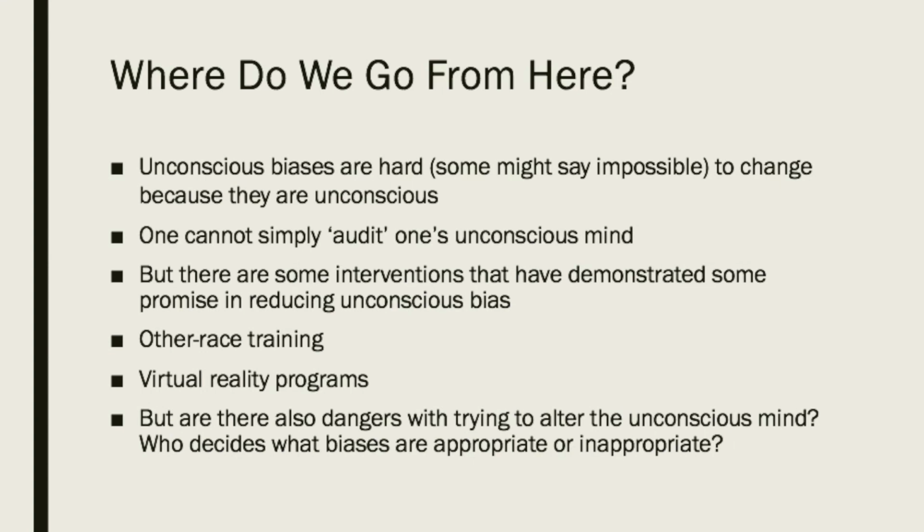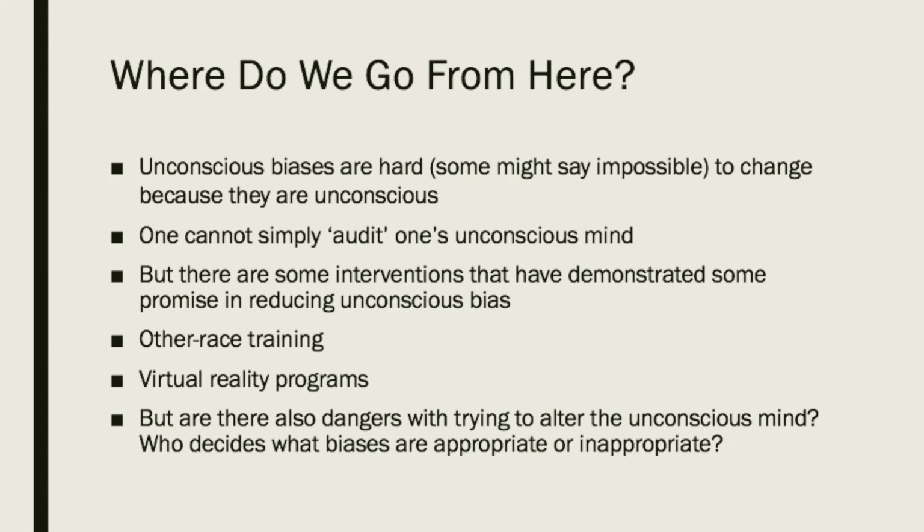To do so, we would essentially need to reprogram tens of thousands, if not hundreds of thousands of years of evolution. Although this is no easy task, some recent advances give us hope that we may be able to proactively reduce unconscious biases.